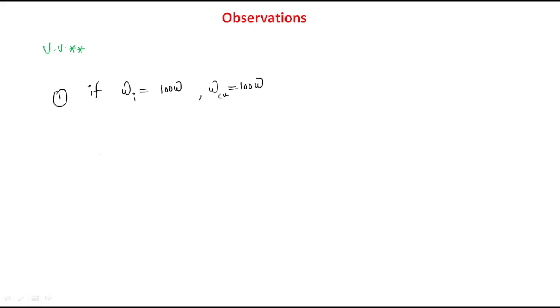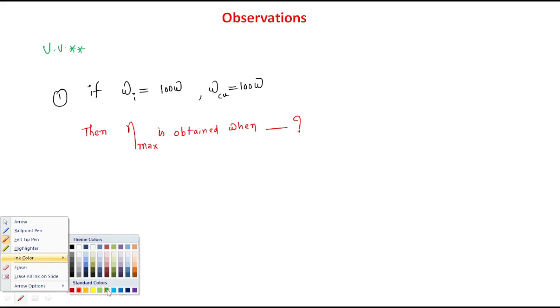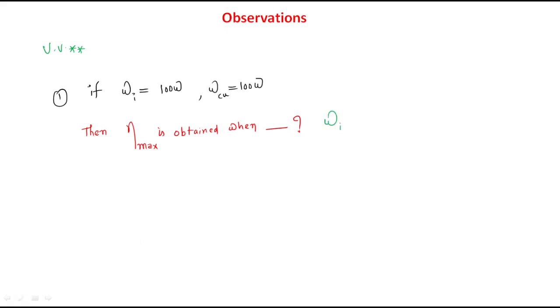And the question is, maximum efficiency is obtained only when what? What is the condition? Wi should be equal to WCU, or power factor should be equal to unity. Only for these two conditions are we going to get the maximum efficiency.